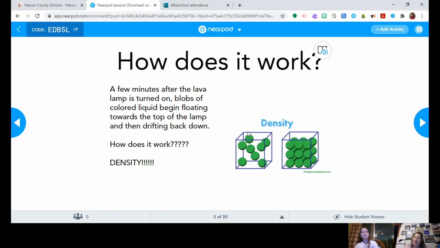That means how tightly packed together the molecules are, and how much matter is in that. When we talk about density, it's very similar, and I know that people get these three words confused: weight, mass, and density. They seem so similar to each other. Okay, so we're going to talk about density, and then I'm going to talk a little bit about mass and weight so that we understand the difference between the three.